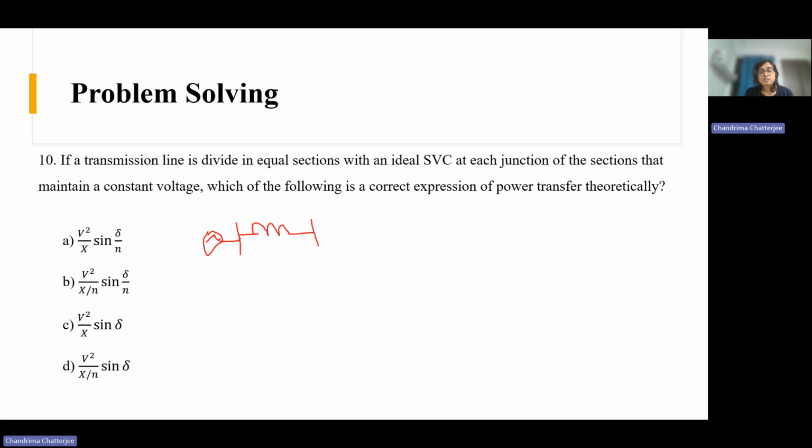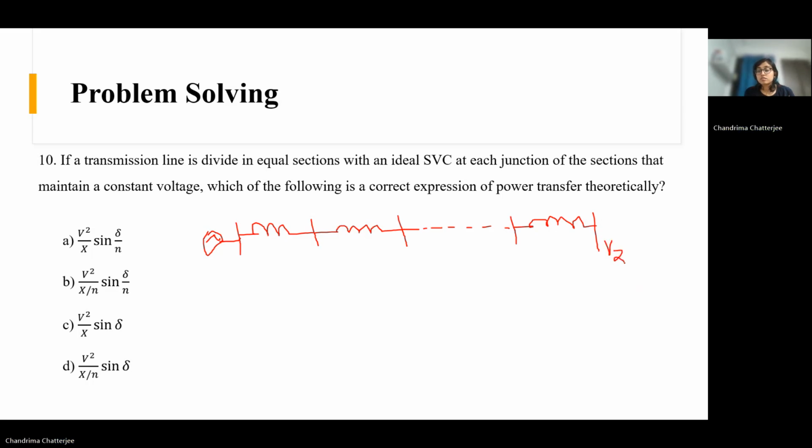Okay, like this. There are n equal halves. So like this, it just continues. And here this is the receiving end.